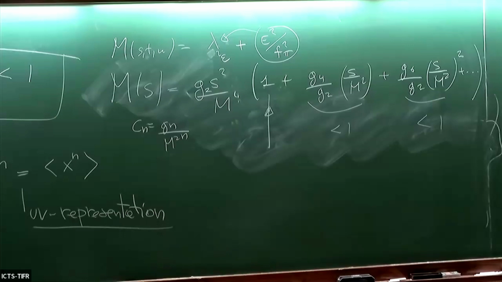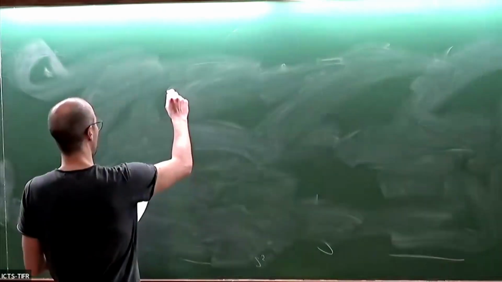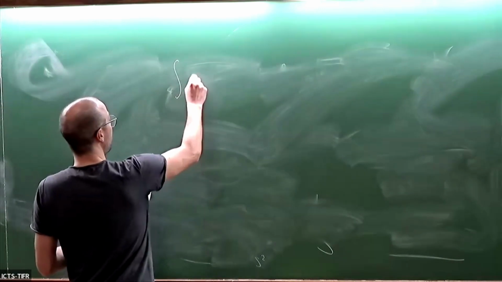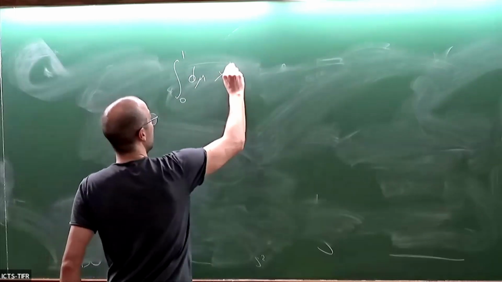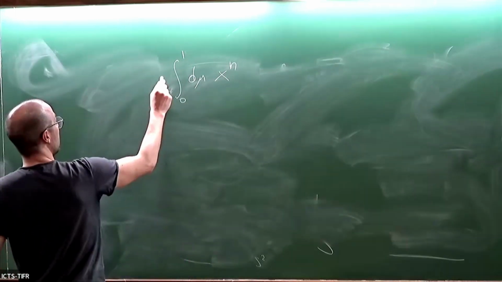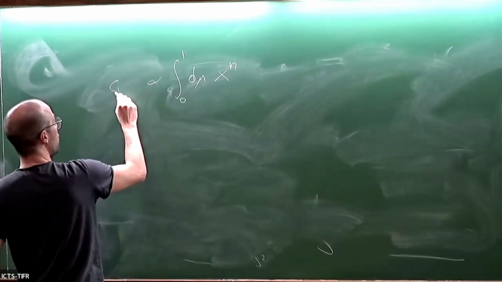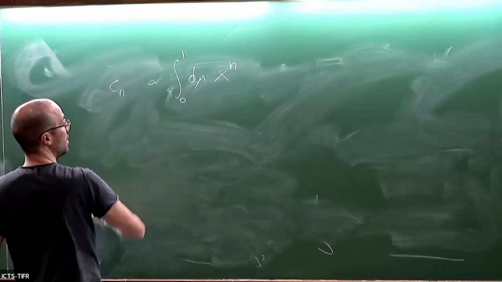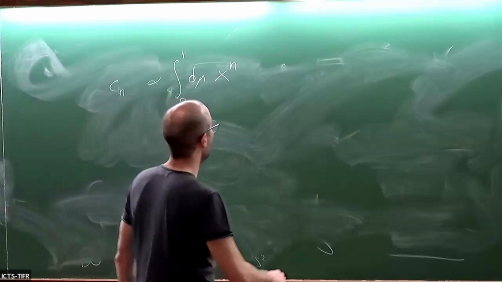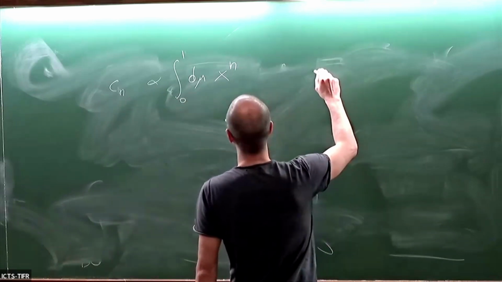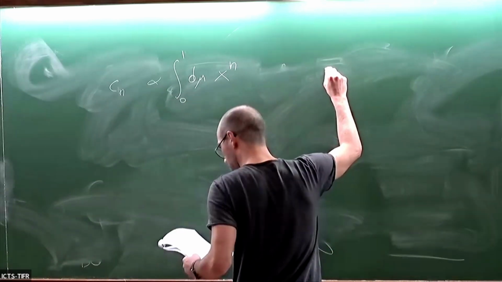So another thing about the theory of moments bounds is that you get nonlinear constraints. For example, we have a measure, d mu, from 0 to 1, and we are saying that integrating against x to the n gives us something proportional to the Wilson coefficients we are interested in, right? That's what we are saying. So let's define a scalar product.